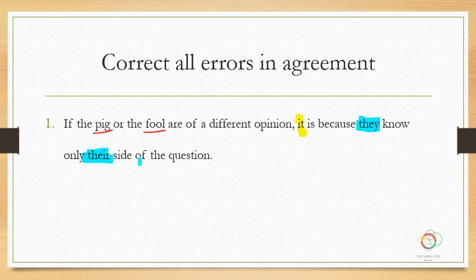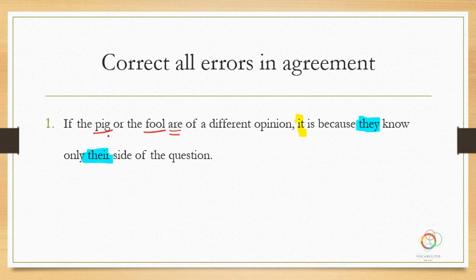Let's see. If a pig or fool, and they kind of cheated a little bit. The question should be only about pronoun agreement, but here they have an error in verb choice, which is the are here.